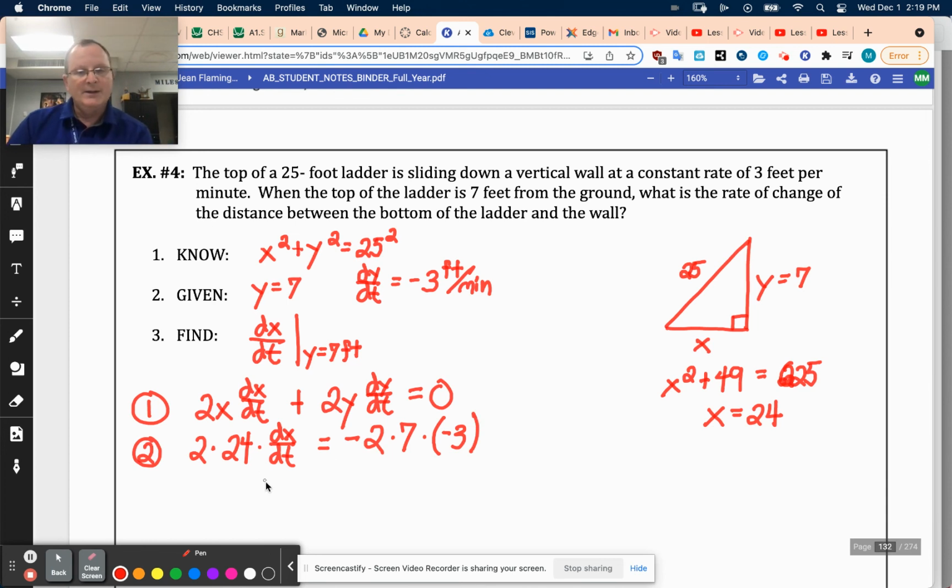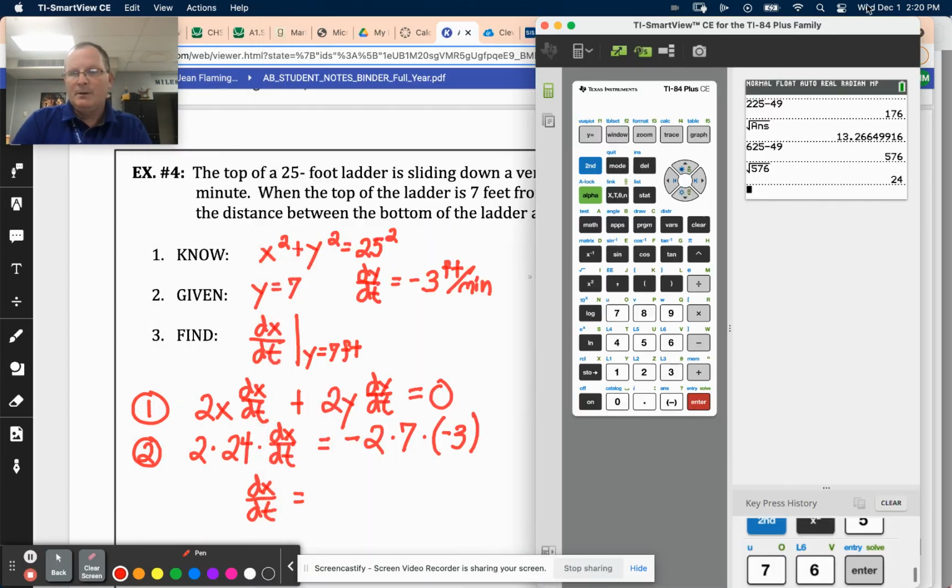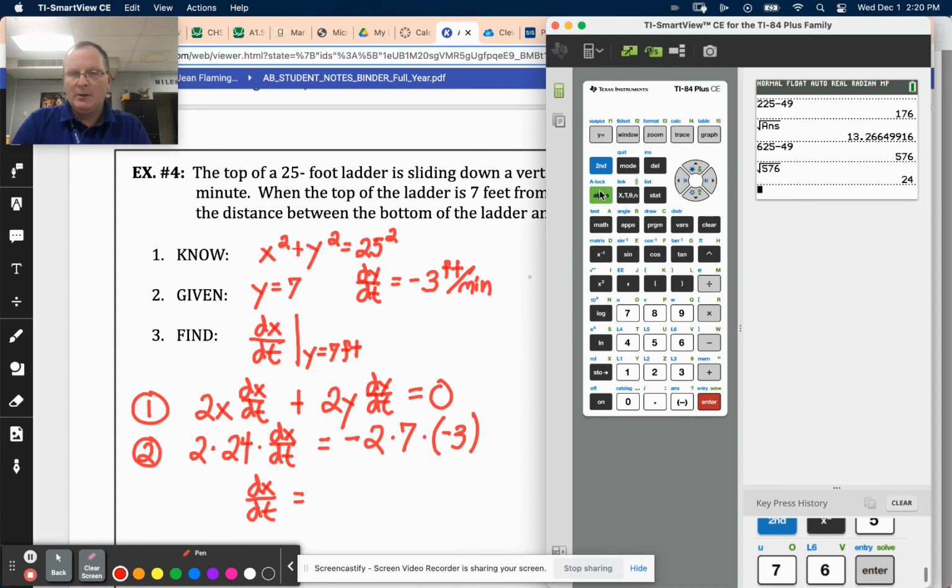Then I'm dividing. So dx/dt, I'm just going to have the calculator do this for me. Let's go pretty fractions.